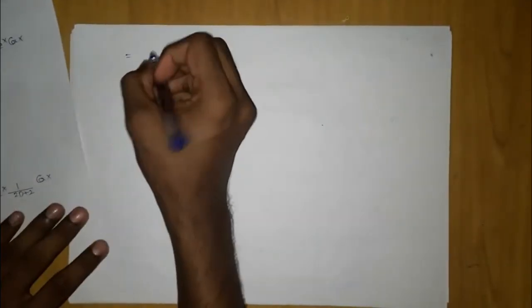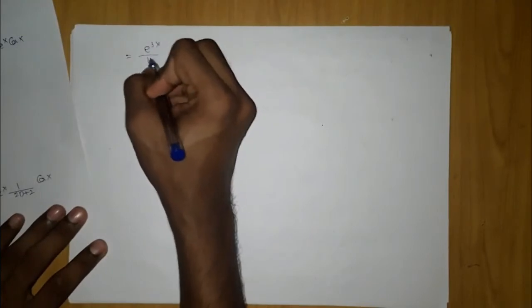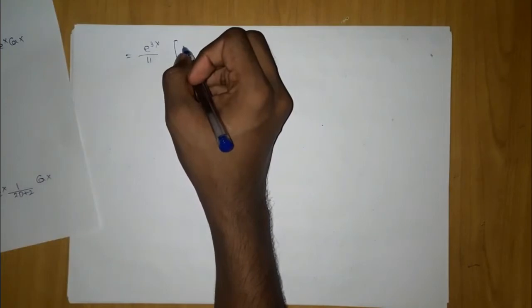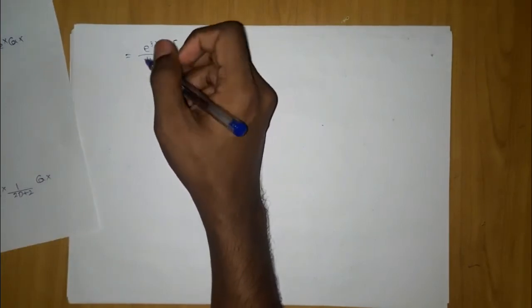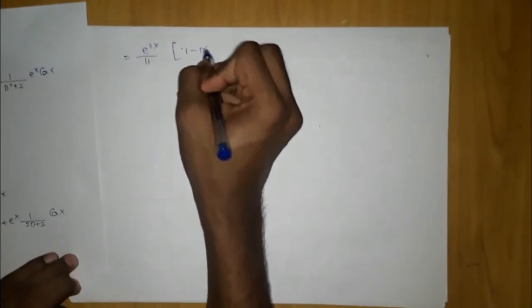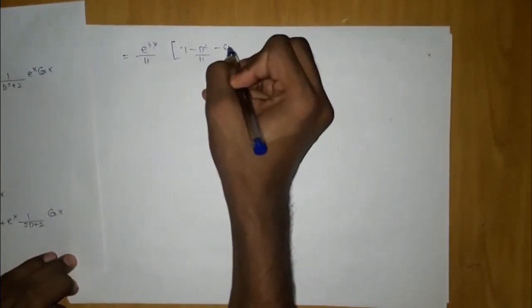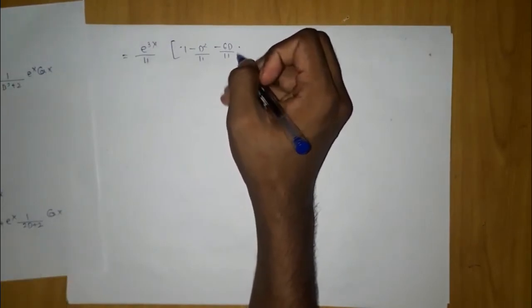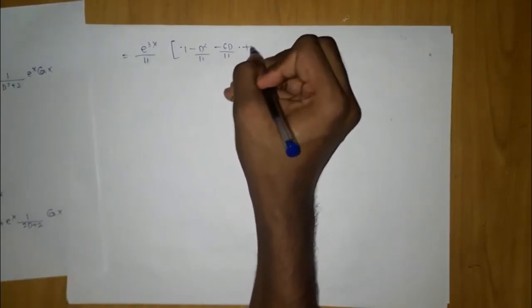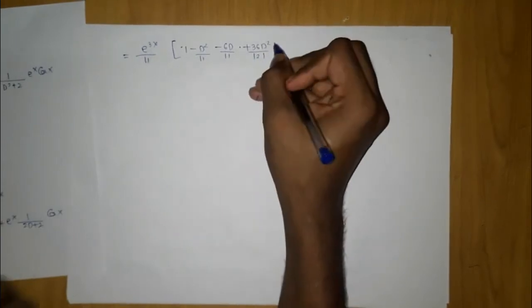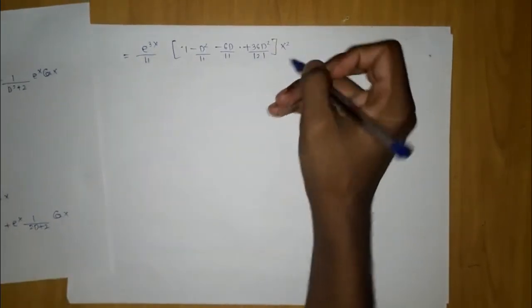So now let's do it in the next step. Here on the next page, e to the power 3x by 11, we are going to consider these two terms and one term from this bracket. So 1 minus d² by 11 minus 6d by 11, two things, and from here we are going to consider one term plus 36 d² by 121, and the outside x square will be there.